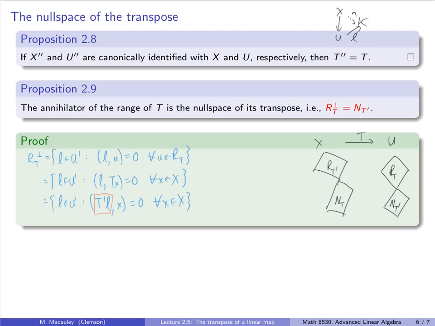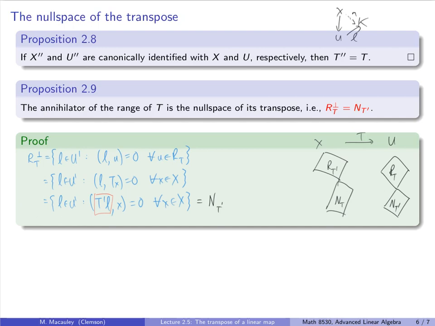So if T prime is applied to L, then that's exactly what it means to be in the null space of T prime. So this, by definition, is the null space of T prime. It's the set of all L's for which this is the 0 function.